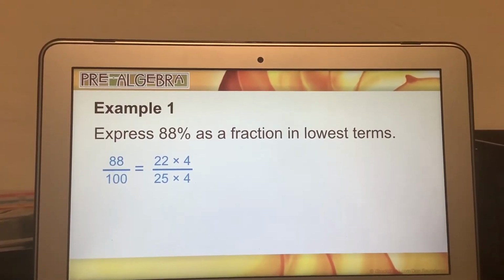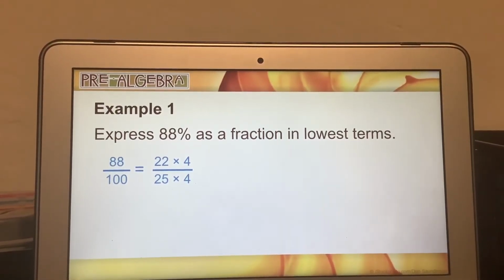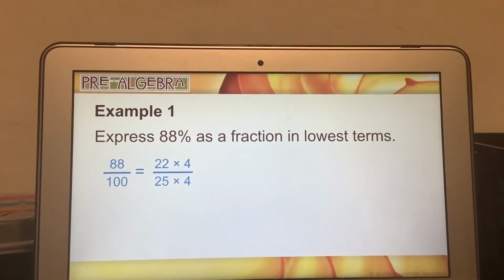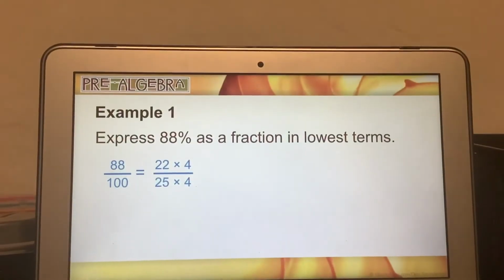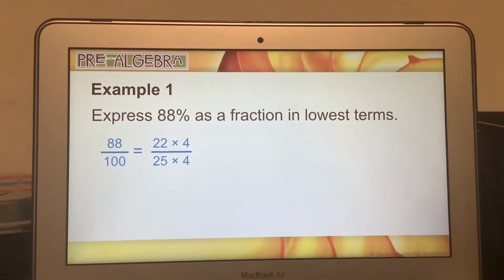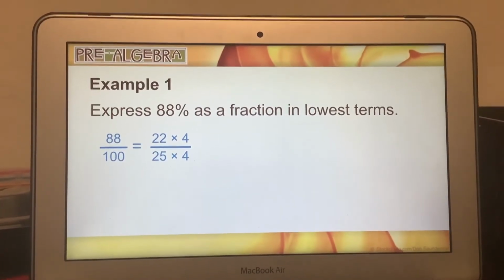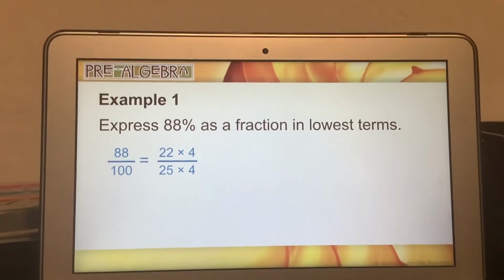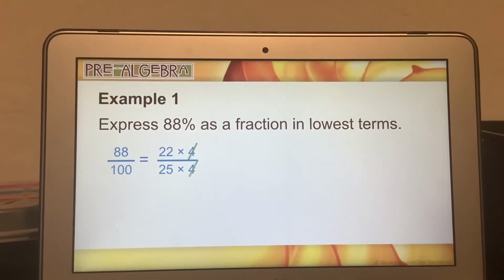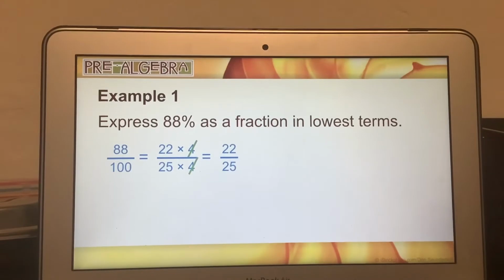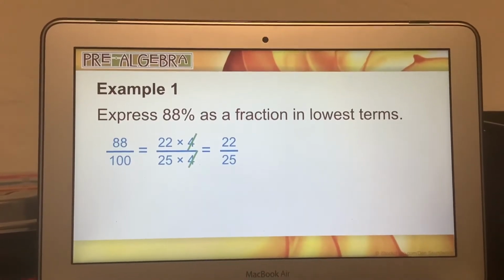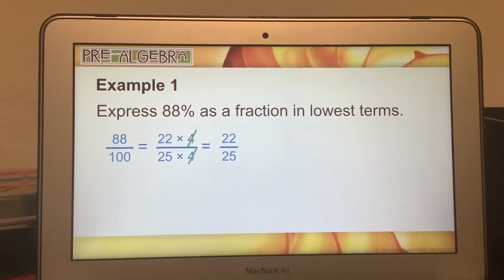We can factor out a 4. So 88 divided by 4 gives us 22, and 100 divided by 4 gives us 25. So when you factor out a 4, you get 22 over 25 as your reduced fraction.